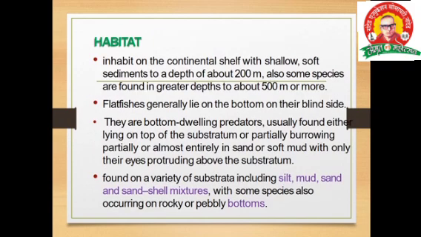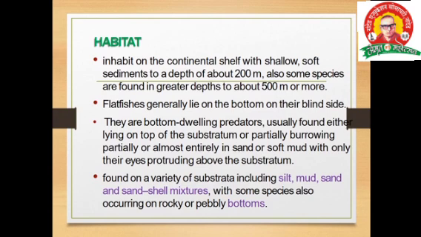Then it is about the habit. They inhabit the continental shelf with shallow, soft sediment to a depth of about 200 m. Some species are found at greater depths, up to 200 m, and some species are found at 500 m or more. Flatfish generally lie on their blind sides.